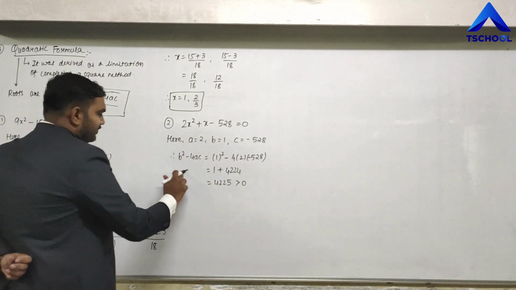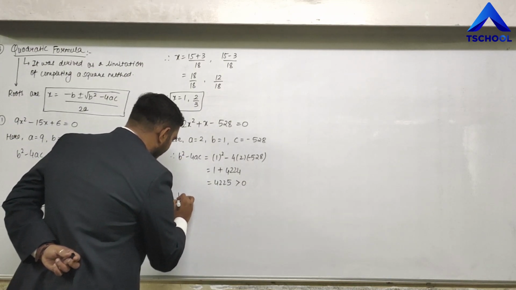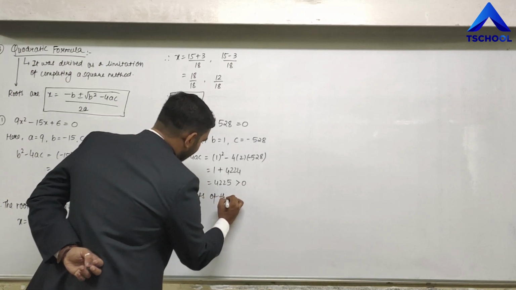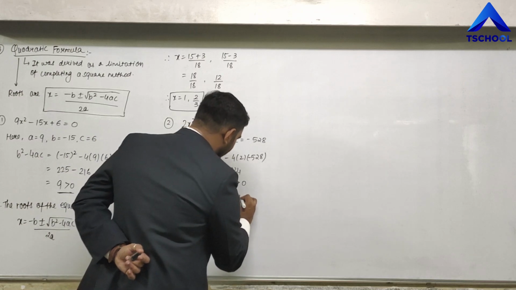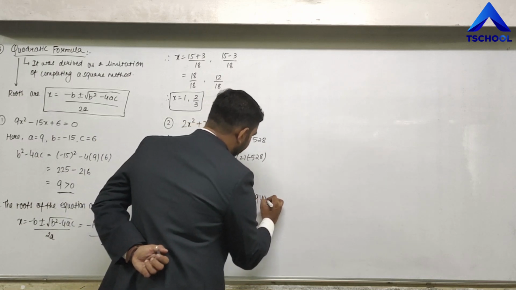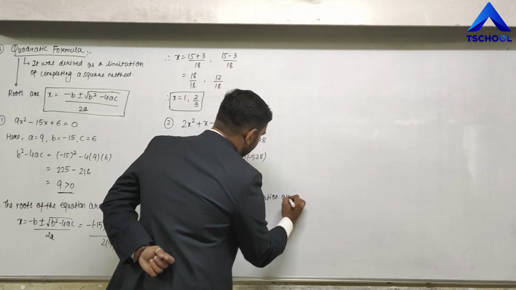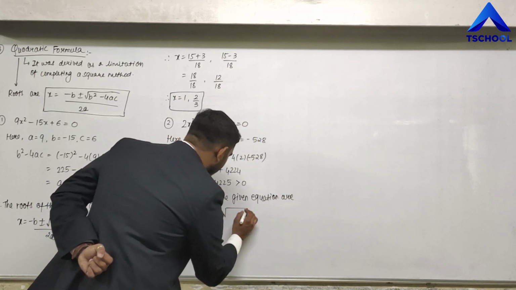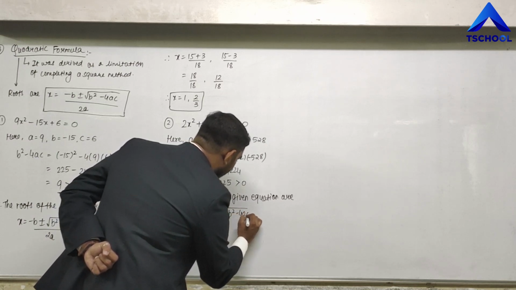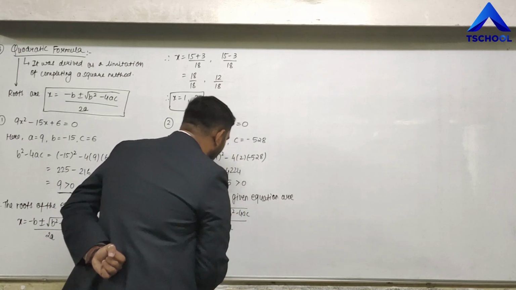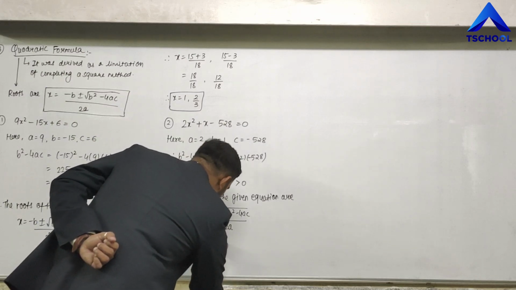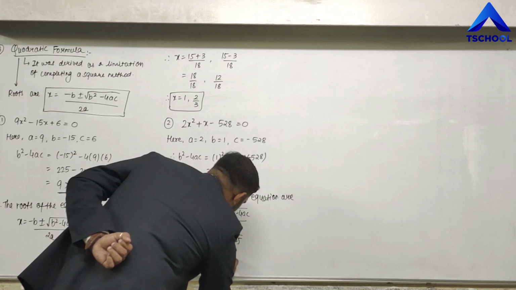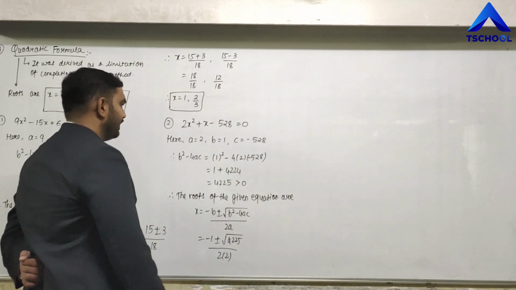Now b square minus 4ac is greater than 0, therefore the roots of the given equation are x equals minus b plus or minus root b square minus 4ac upon 2a, that is minus 1 plus or minus root 4225 upon 2 into 2, right?